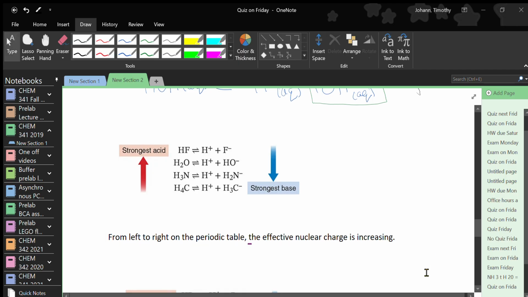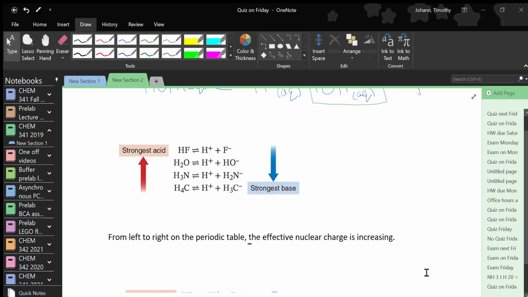All right, so if I come over here and look at the periodic table, we're going from left to right. If you remember, effective nuclear charge is something we covered in the first semester. What it says is that you've got these protons in the nucleus, and our inner shell electrons. Effective nuclear charge is the charge that outer shell electrons see.